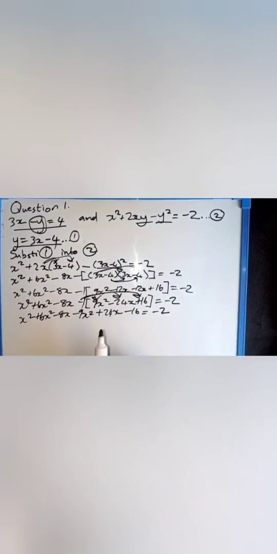Now I'm going to look at my like terms and add them together. So x squared plus 6x squared minus 9x squared gives me negative 2x squared. And then I've got negative 8x and positive 24x.